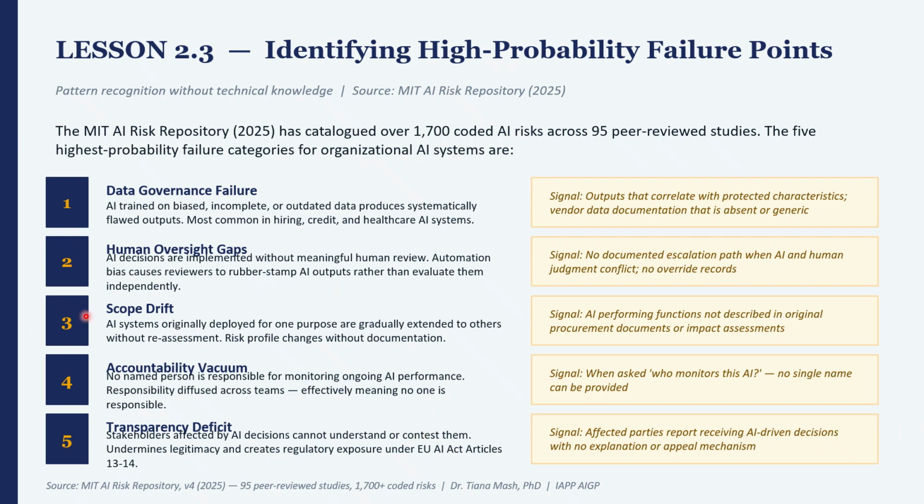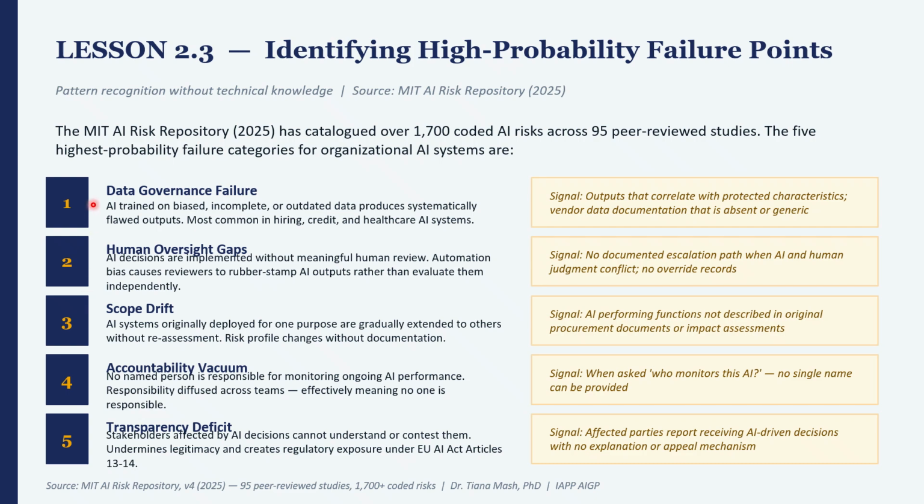The MIT AI Risk Repository, which synthesizes 95% peer-reviewed studies and has a catalog of, I believe, over 1,700 codes of AI risk, consistently identifies 5 failure categories at the highest probability in organizational AI deployments. I'm going to walk you through each one, and for each I'll give you an observable signal, something you can look for right now without a technical audit.